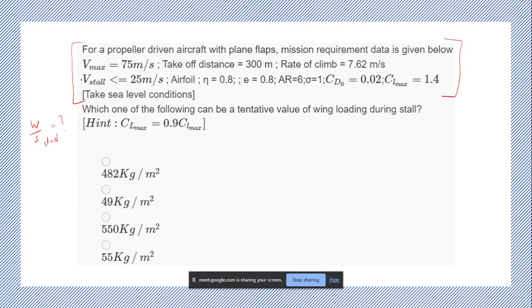Take a moment, read the question and try to tell me how to proceed. Look at the data given to you, read the question and think about it. How do you go about doing this? Where do we start?